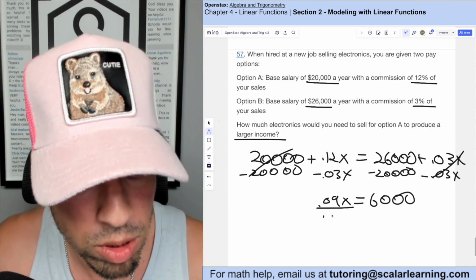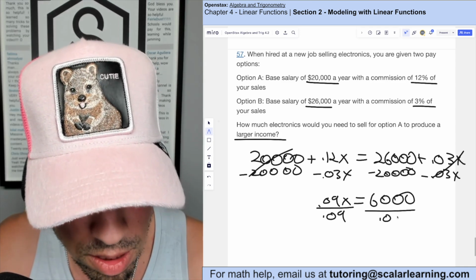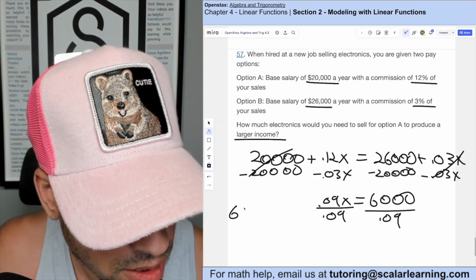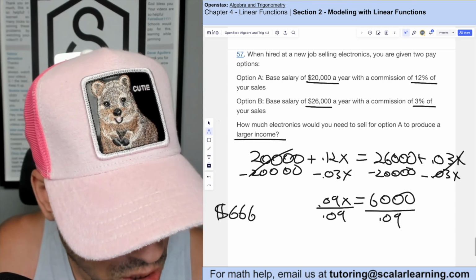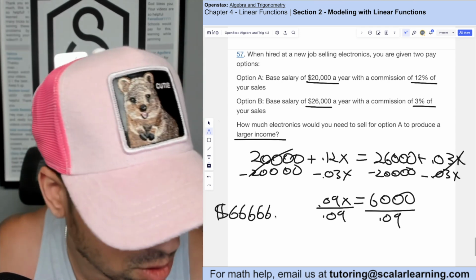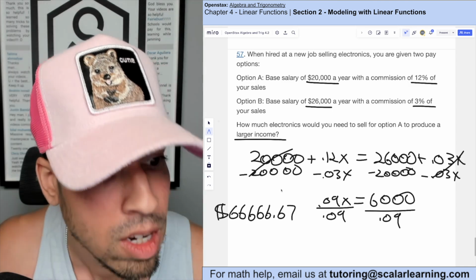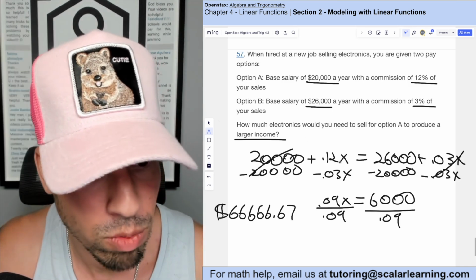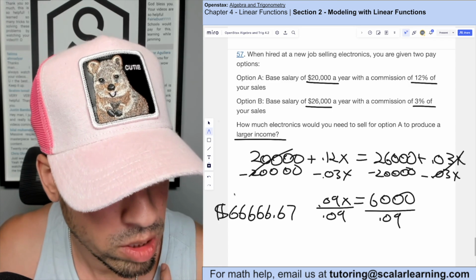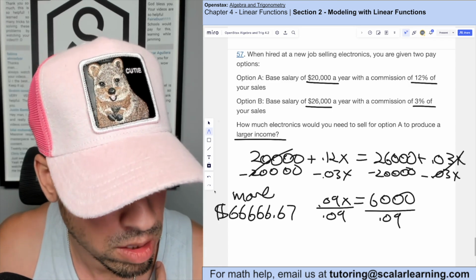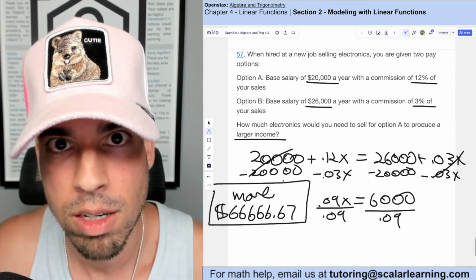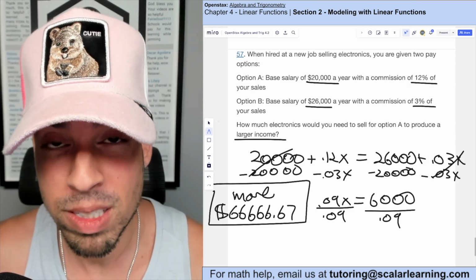And then we're going to divide both sides by 0.09 like so. And we end up getting 66,666.67. So for A to be better, to produce a larger income, you need to sell more than this amount. Boom, done.